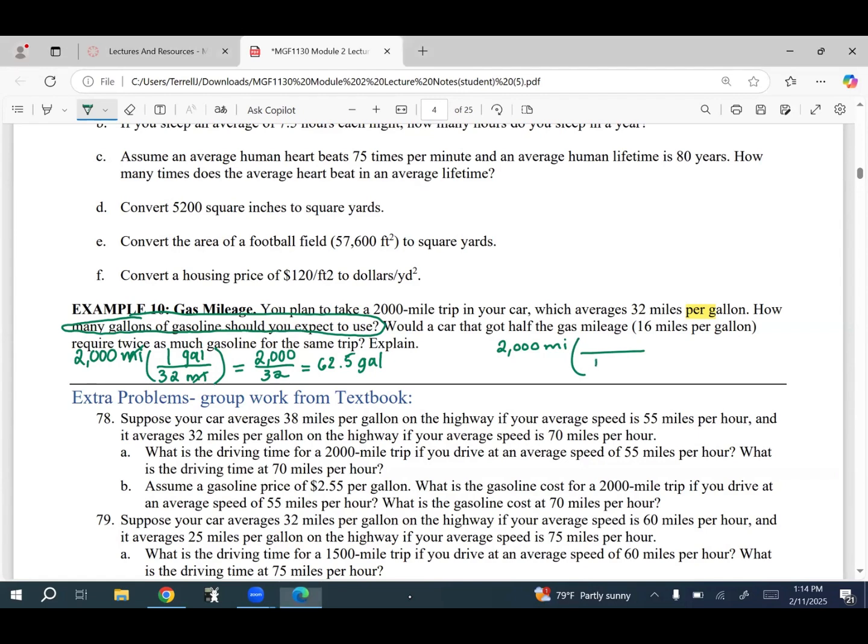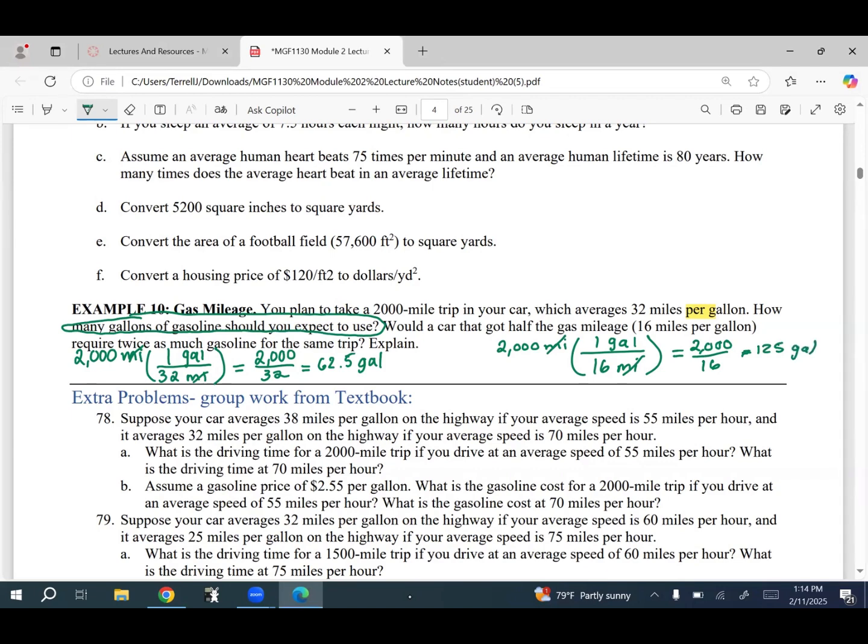That means 16 miles per 1 gallon. So let's do the math. Miles will cancel. So that's 2,000 divided by 16. And if we do that, we get 125 gallons.